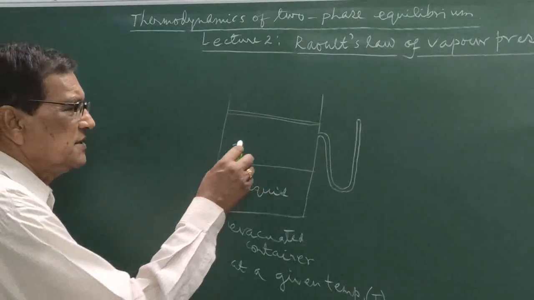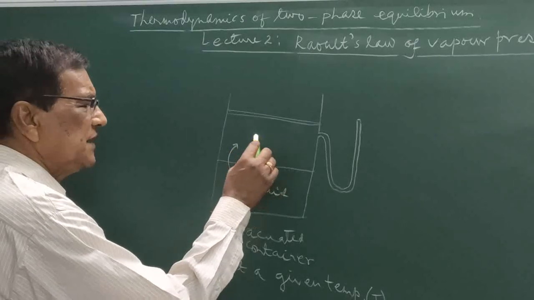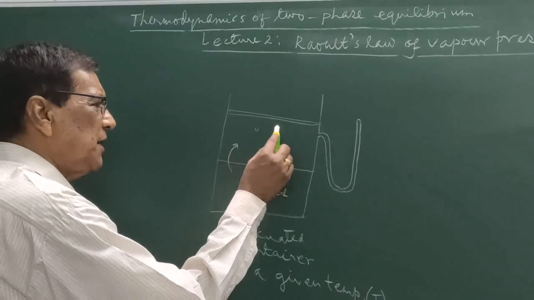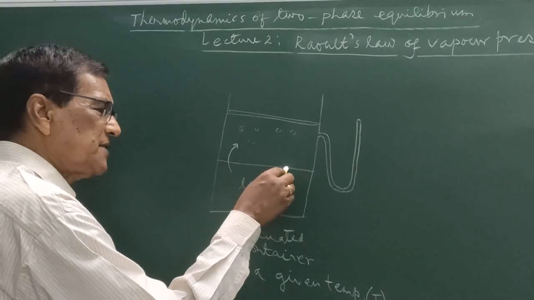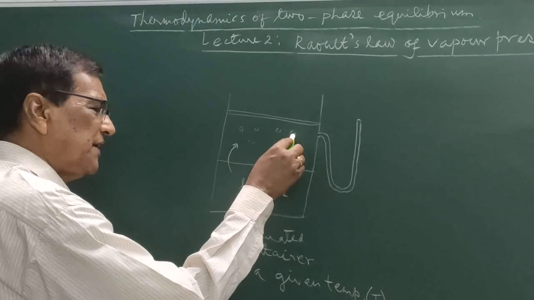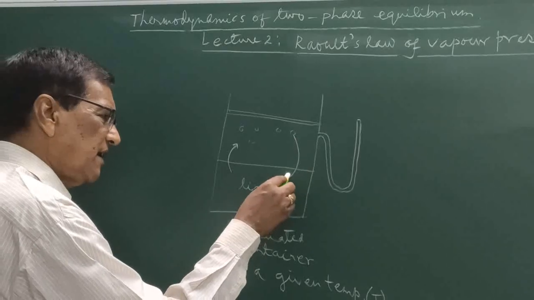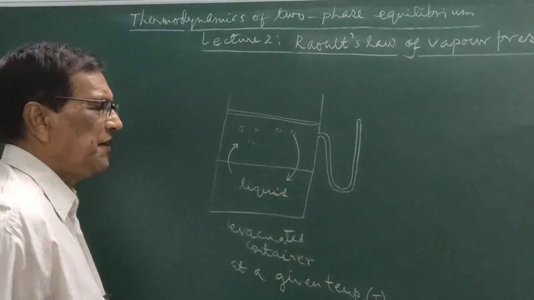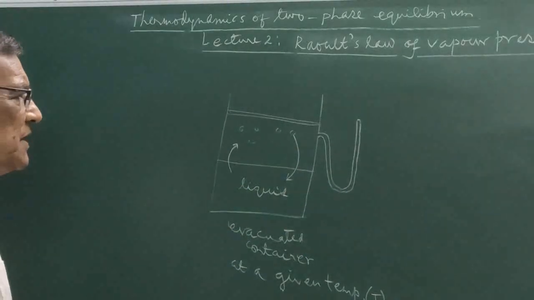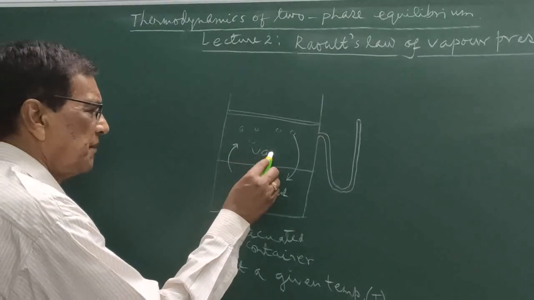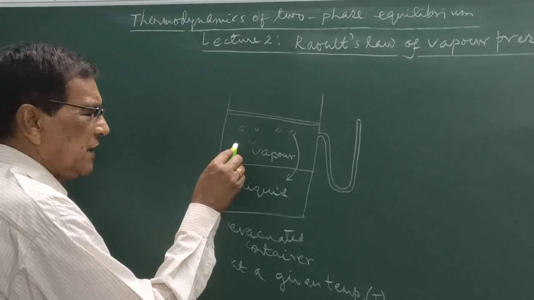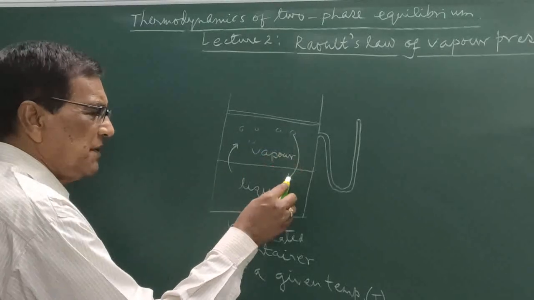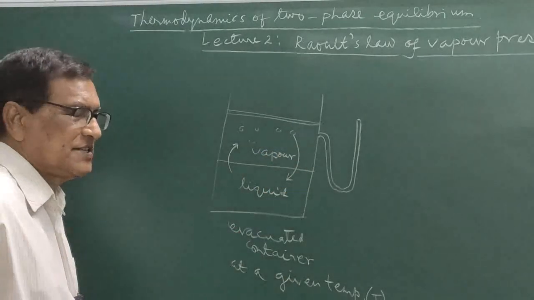And whenever these vapor molecules are getting accumulated, they collide on the surface of the liquid, and they are re-entering into the liquid. This is vapor. So this is the evaporation, and this may be taken as the condensation.